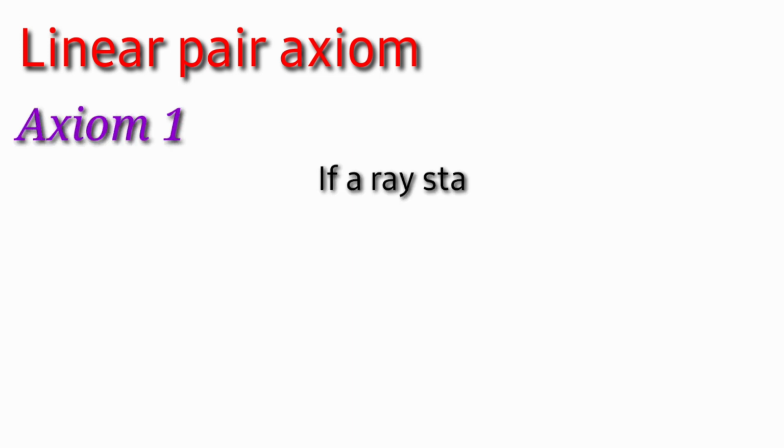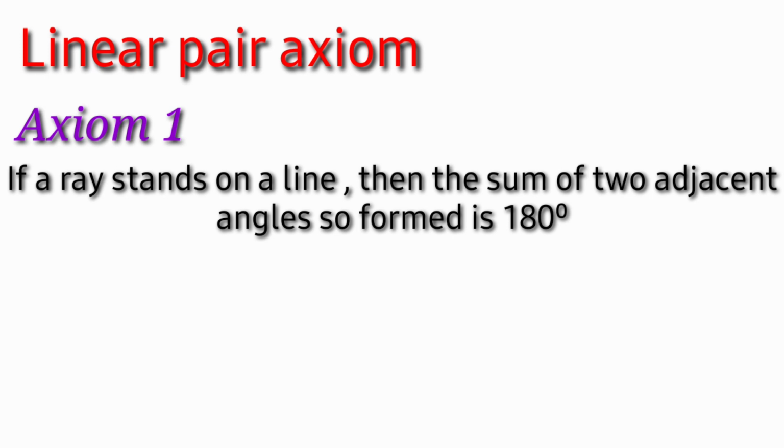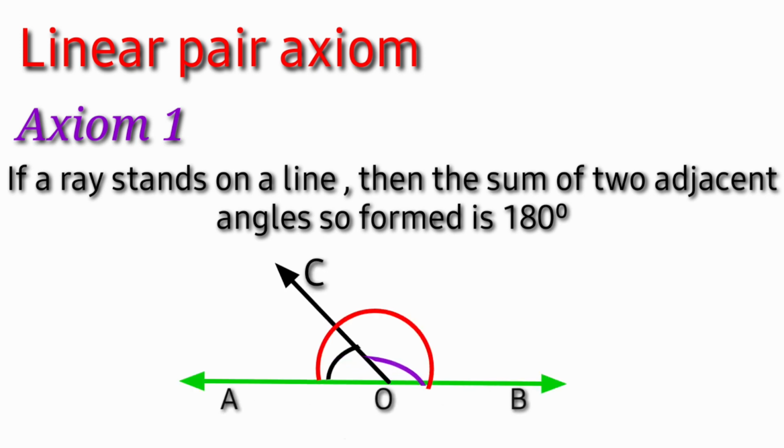Here we have to discuss two axioms first, which are together called the linear pair axiom. First one: if a ray stands on a line, the sum of two adjacent angles is 180 degrees. In the figure, OC is a ray which stands on the line AB. Angle AOC and angle COB are adjacent angles.